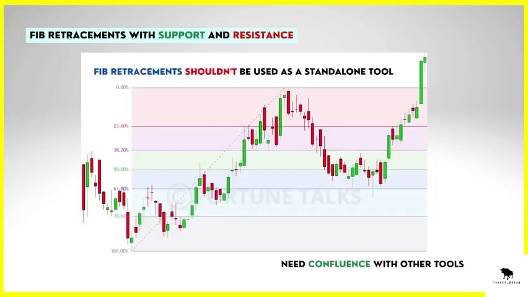I am of the belief that even though the Fibonacci retracement tool is extremely useful, it shouldn't be used all by itself. This is true for any kind of indicator or analysis that you conduct in the market. You always need confluence. You always need more confirmations. And so, the Fibonacci retracement tool should be used in combination with other tools.